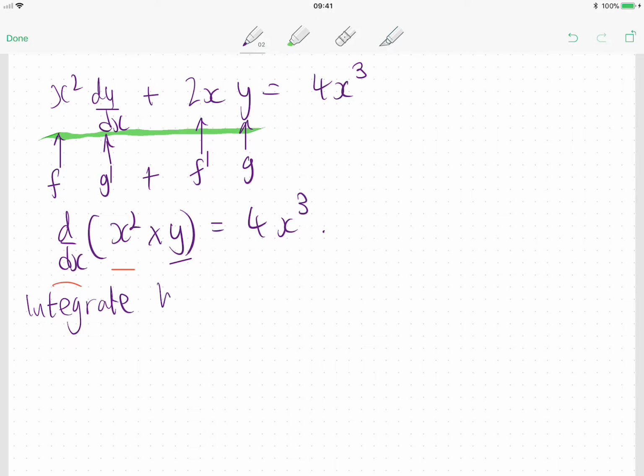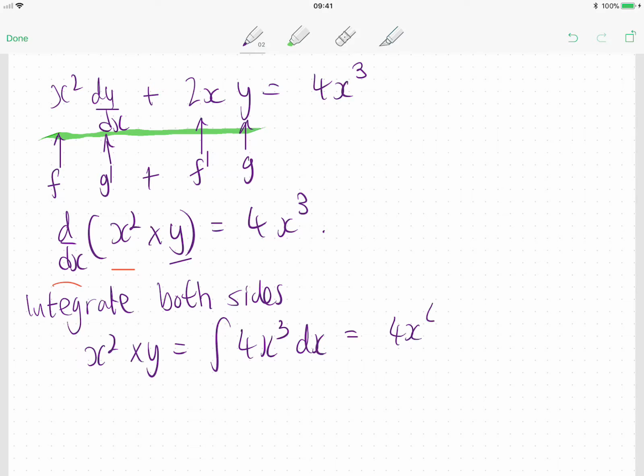We need to integrate both sides. We have x squared times y is the integral of 4x cubed. Okay, we can do this. This is go up a power, divide by the power, plus c. The 4s just cancel, giving x to the power 4 plus c.